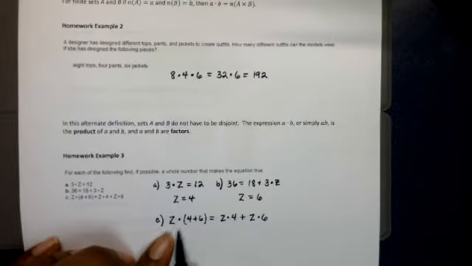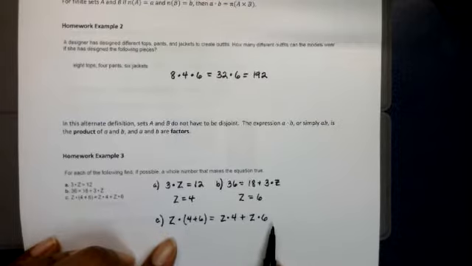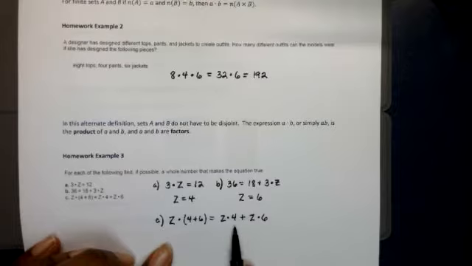And what's going to happen here is that the left side will be equal to the right side. Example of that, if I try 3, I know 4 plus 6, that's 10. 10 times 3 would give us 30. And on this side, 3 times 4 is 12. 3 times 6 is 18. 18 plus 12 will also give me 30.